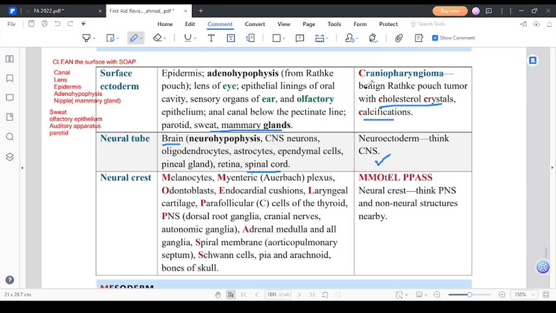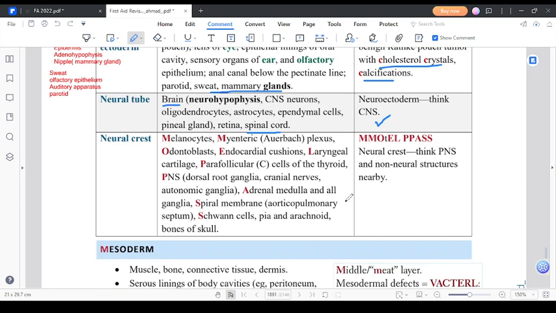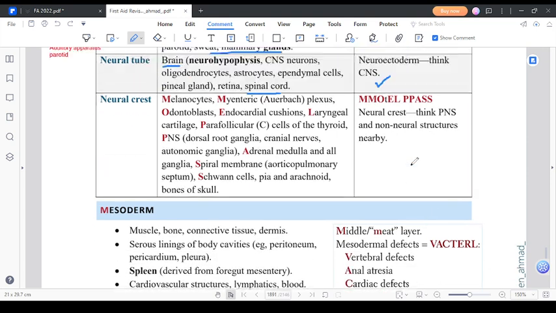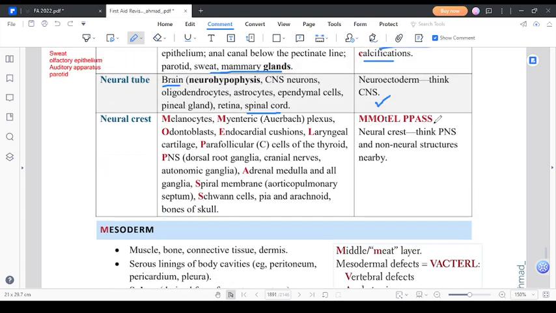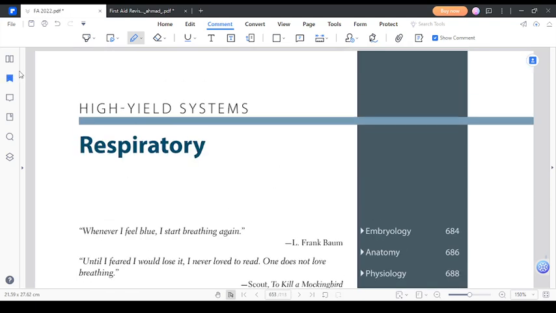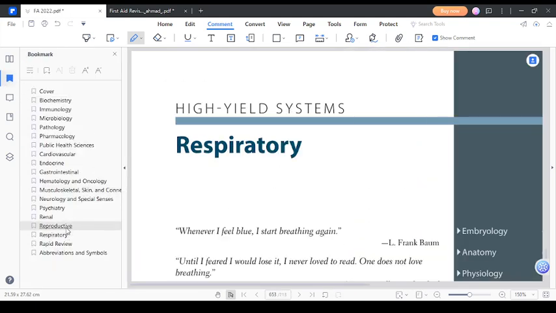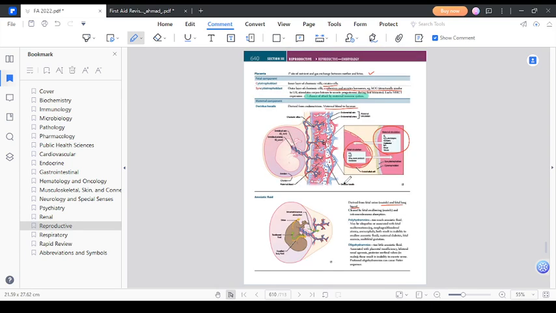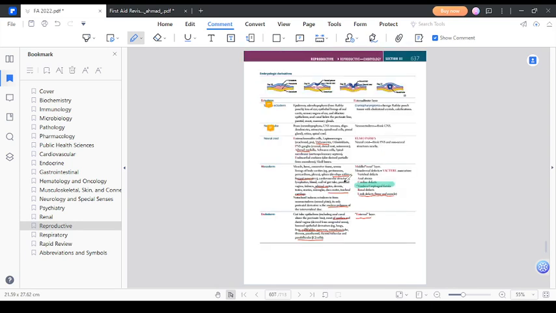Then about the neural crest. What was the mnemonic for that? Give me a second. I wrote them down in the annotated notes.